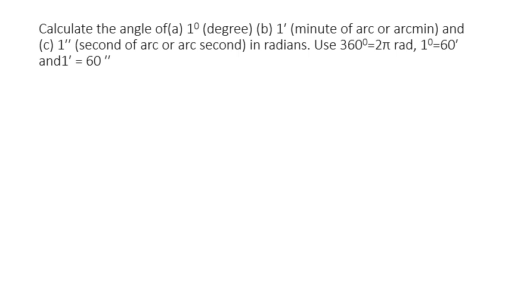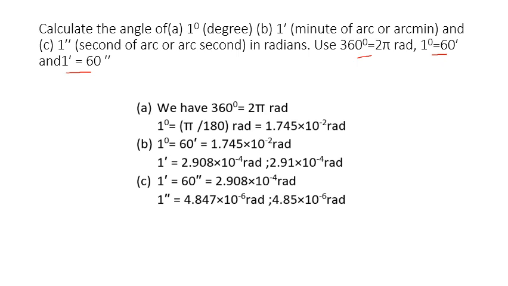Use this relationship: 360 degree equal to 2 pi radians and 1 degree is equal to 60 arc minute and 1 minute is equal to 60 arc second. Okay, this is a basic relationship. Fine. So we'll find what is 1 degree in terms of radian.